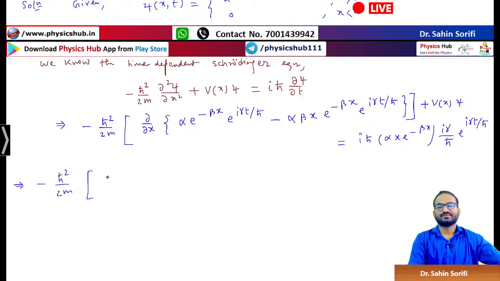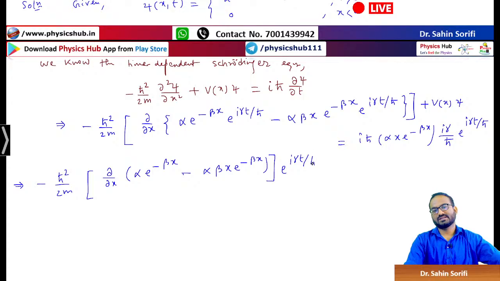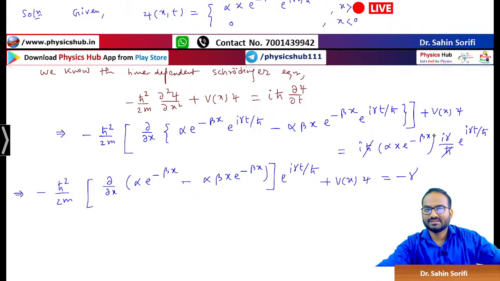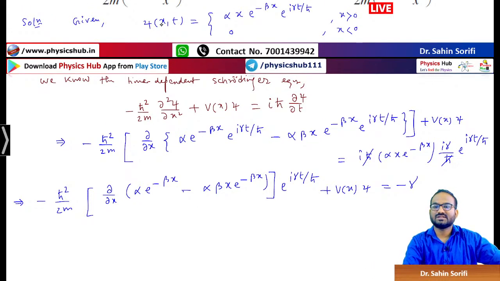So you are left with del x of alpha e to the power minus beta x minus alpha beta x e to the power minus beta x, plus e to the power i gamma t by h cut plus v of x psi is equals to, you see this h cut gets cancelled, i square minus 1, minus gamma alpha x e to the power minus beta x e to the power i gamma t by h cut, that is nothing but psi, right? So we can write minus gamma psi.